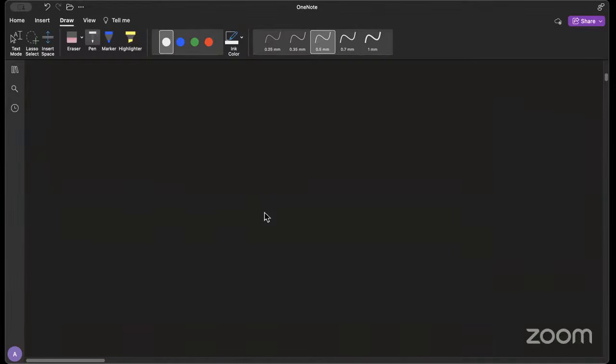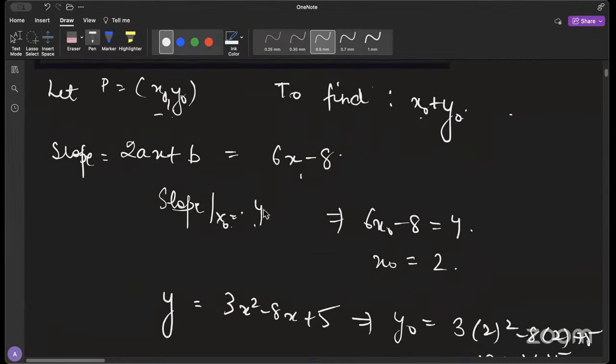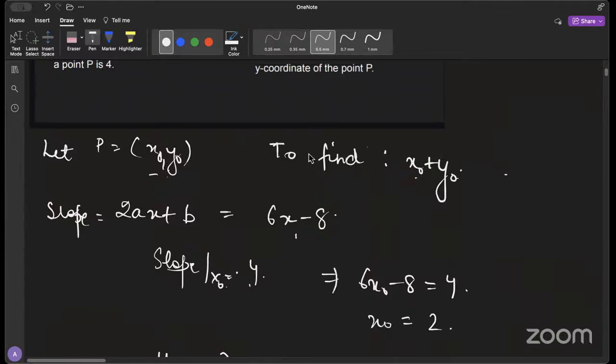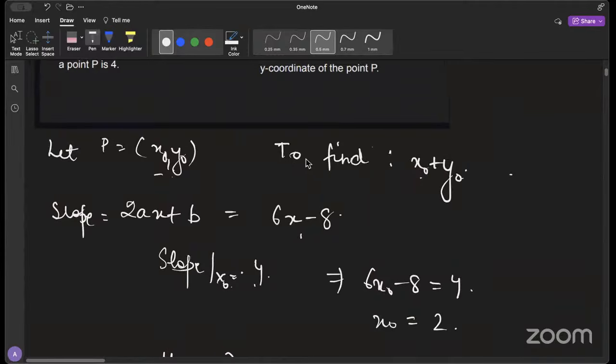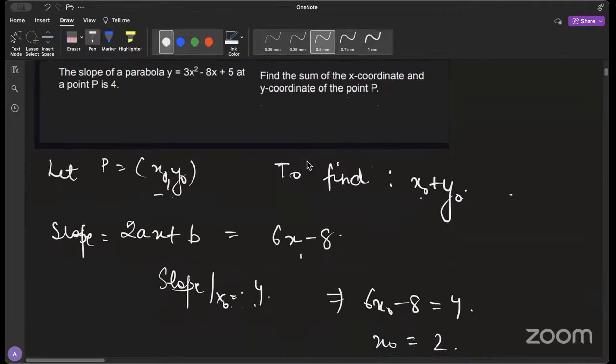So this question, yeah. What are you asking? Finding the x coordinate by minus b by 2a. So you want to use minus b by 2a, is it? Ma'am, can you show me the question?